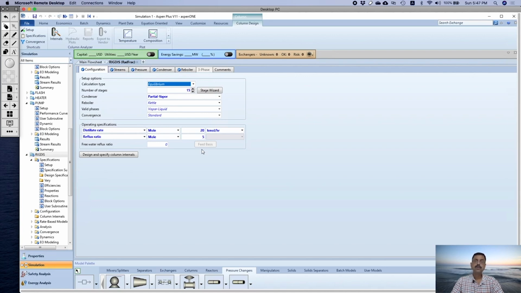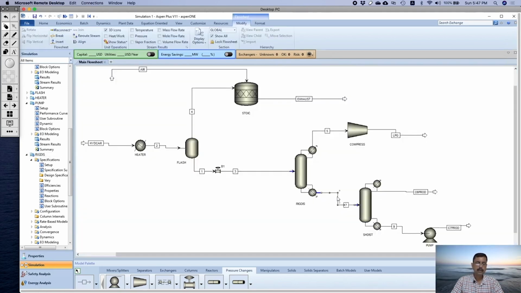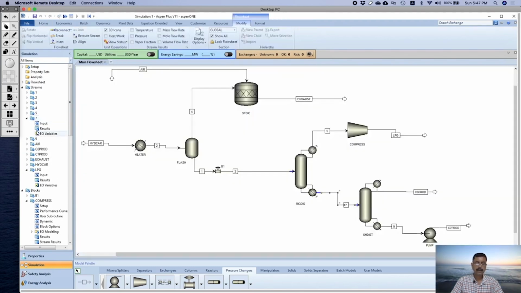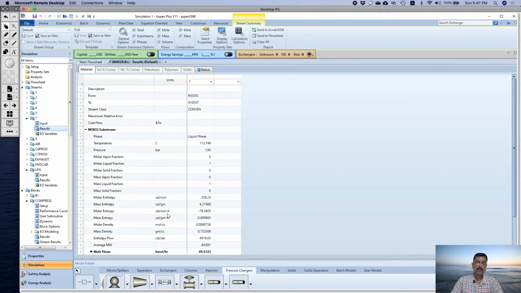But if we need to keep the distillate composition intact, then we need to increase the molar enthalpy of the reboiler, right? So that is the logical conclusion. Right now the reboiler output results, what is the molar enthalpy? It is 358 calorie per mole.